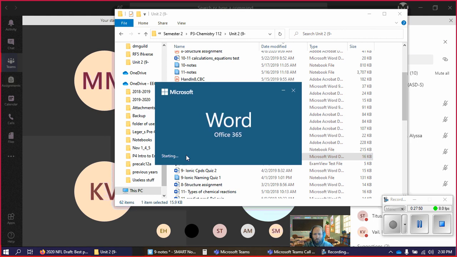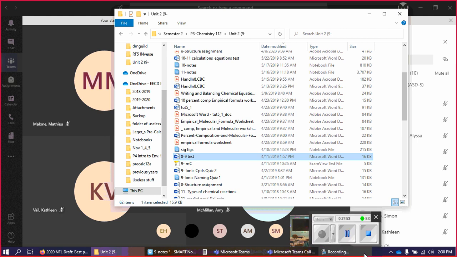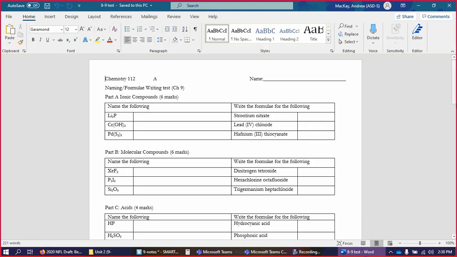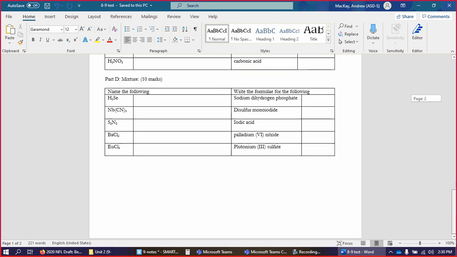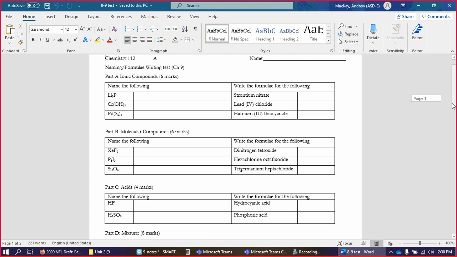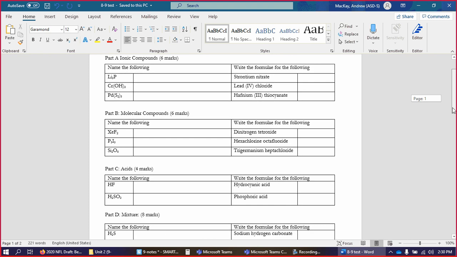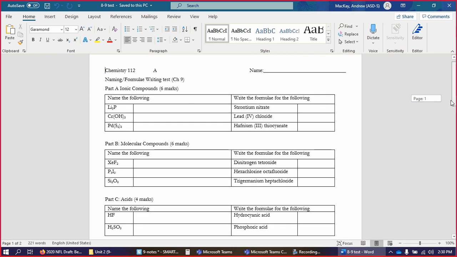Structures. None of you take pictures and Google these. There's no way I can check or anything. There was multiple choice with it. Basically, name the following. Write a formula for the following. Ionic, molecular. It's probably going to look almost exactly like this, even if it says points.